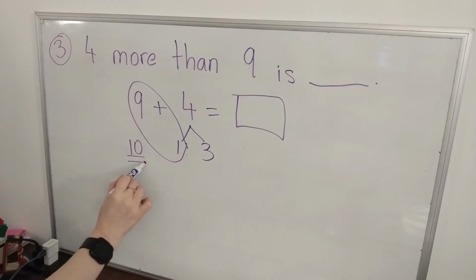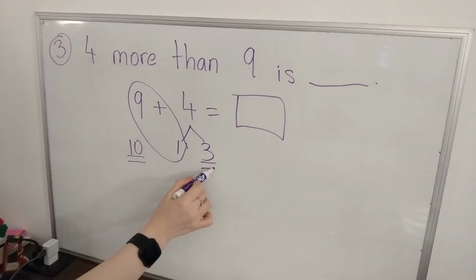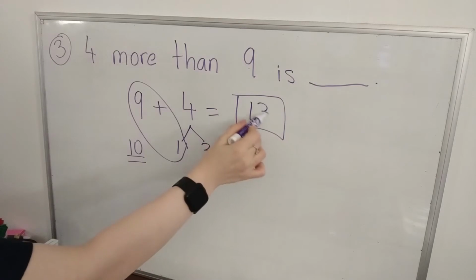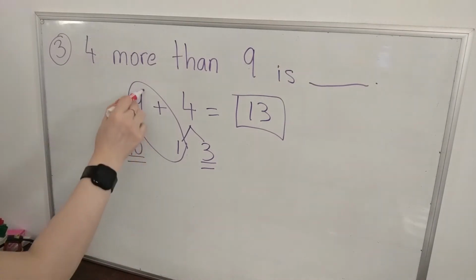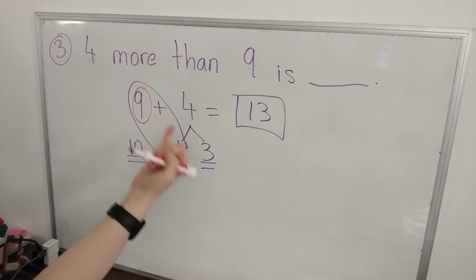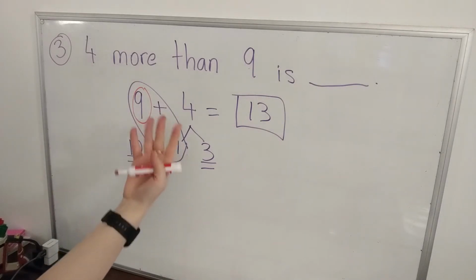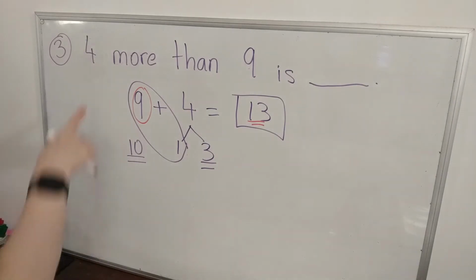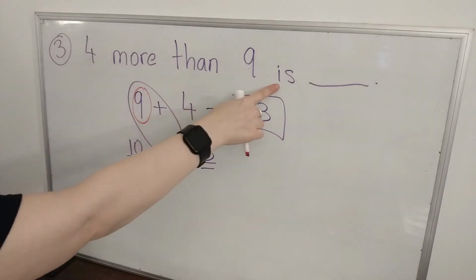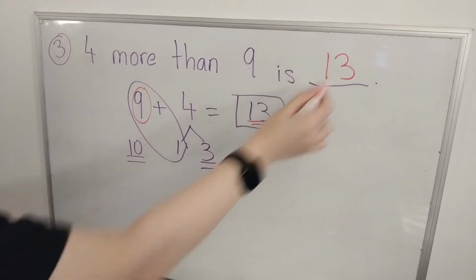Let's add those leftovers. 10 plus 3 is 13. Or you could do your count on strategy. If I did that, I would say 9 in my head. 10, 11, 12, 13. We got to 13 again. 4 more than 9 is 13.